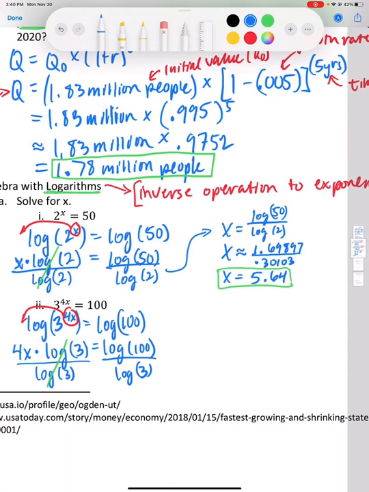Those cancel, and now we have 4x equal to log to the base 10 of 100 divided by log to the base 10 of 3. Log to the base 10 of 100, you type that in a calculator and get 2. Log to the base 10 of 3 is 0.47712. So we can use those.